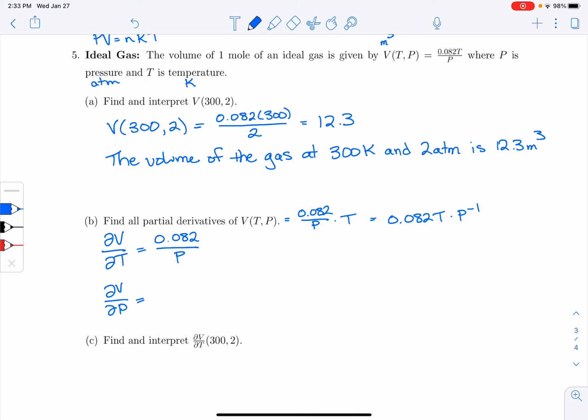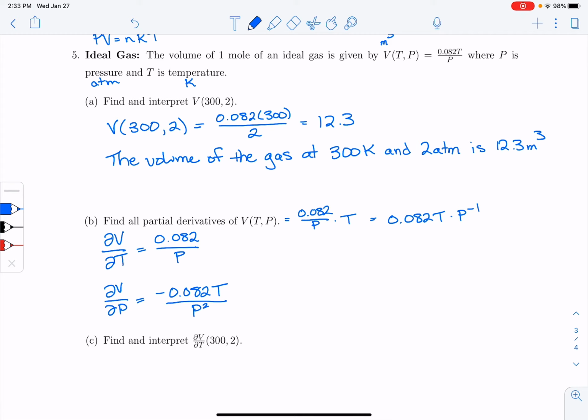So that's going to be a minus 0.082 T times P to the negative 2. P to the negative 2, another way to write that is 1 over P squared. So this is negative 0.082 T divided by P squared.